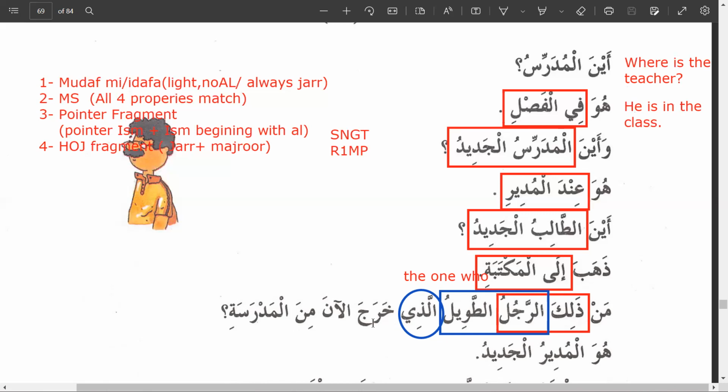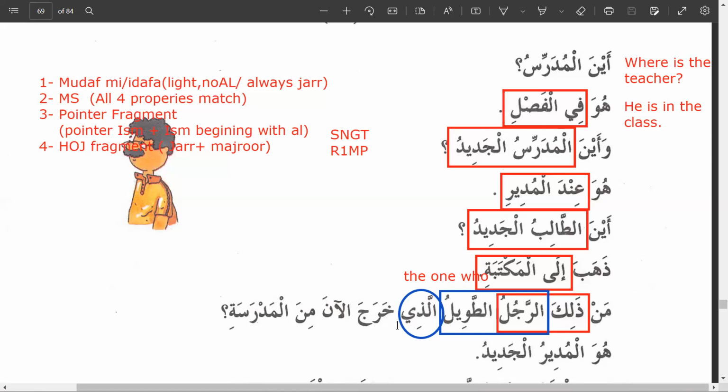Who just came out of the school, who just exited the school, or who is coming out of the school. Okay. So what's the meaning of the whole sentence? Who is that tall man who just came out of the school? So that's the meaning of this sentence.